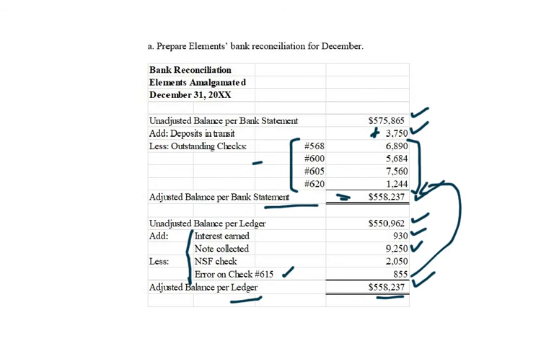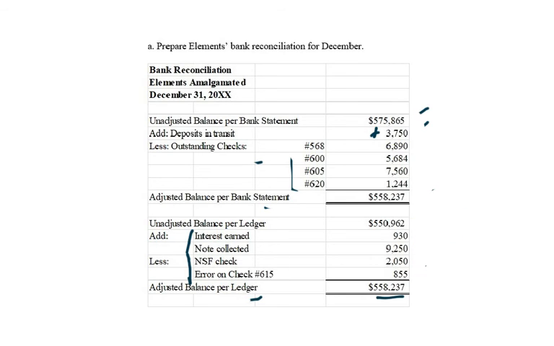Right now from this, I would ask, tell me what you would use as the source for any journal entries. What's the rule? Whatever we did here will take care of itself, so we don't care about that. Those checks will eventually clear the bank account, and the deposits will eventually be incorporated as well.